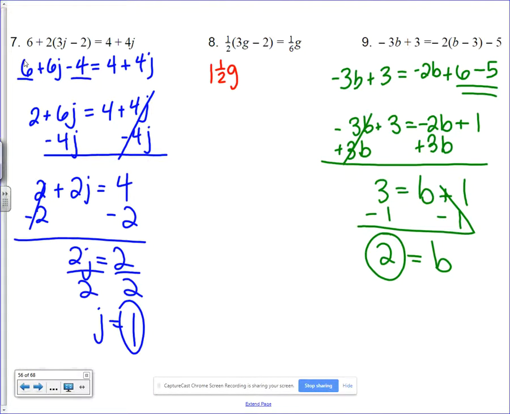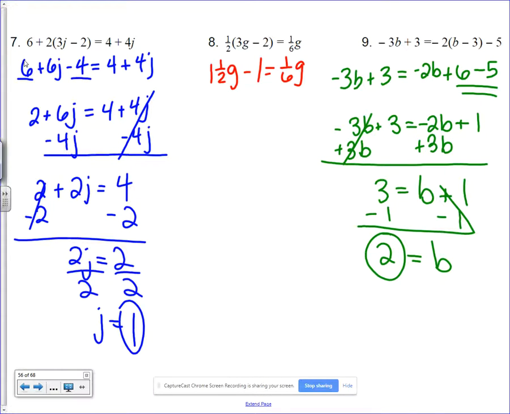What is that half times the negative 2 then? Okay, and then I still have the 1/6 G over here. All right, you got any combining to do before I start this? Anything on the left that can be combined? Anything on the right that can be combined? There's nothing of just the 1/6 G, right?